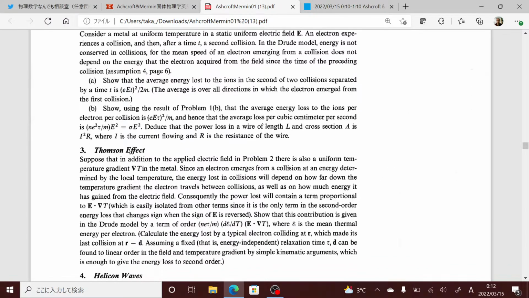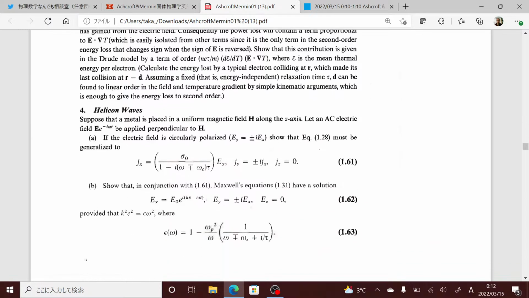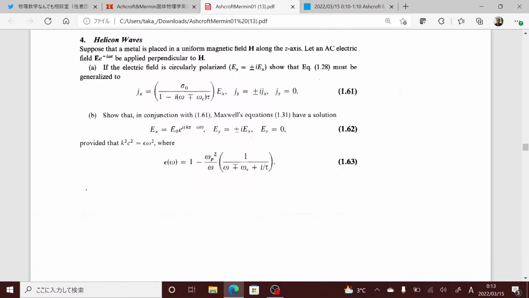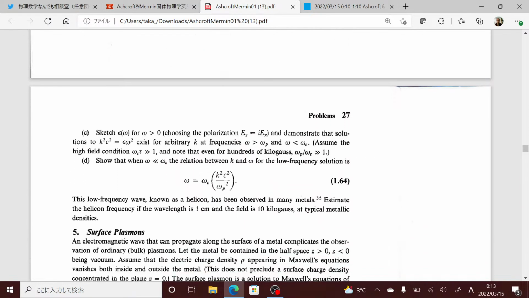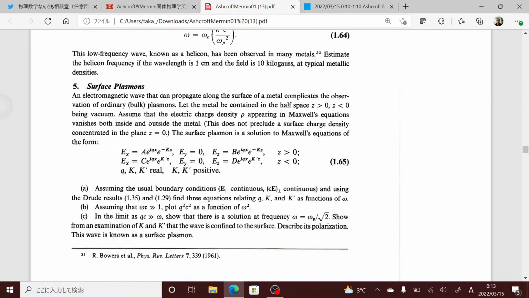Anyway, okay, Thomson effect, we have done this. Helicon waves, I may be skipping this. Then I can go to surface plasmon.